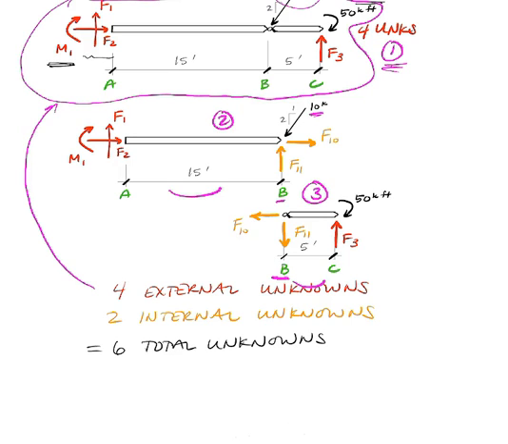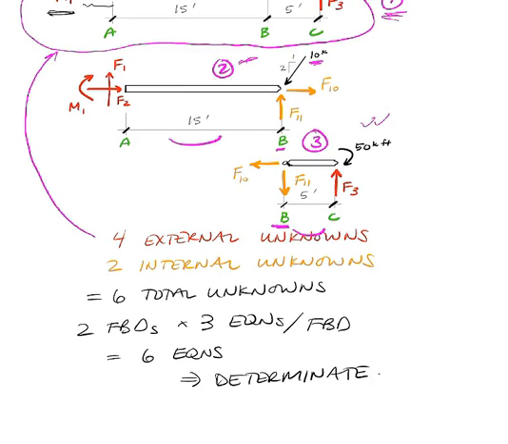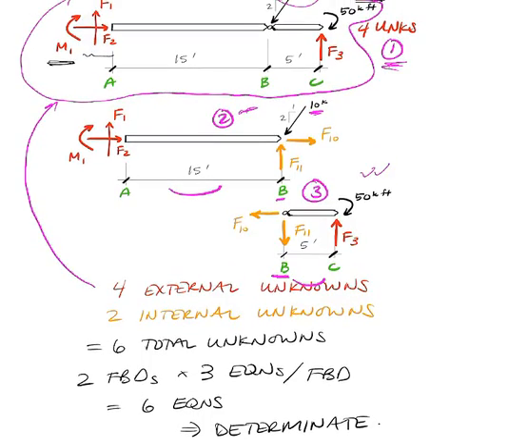If I had diagram 1 and diagram 2, I could create diagram 3 from the information that sits in 1 and 2. So these are not 3 independent, linearly independent diagrams. So I actually only have 2 linearly independent free body diagrams, each having 3 linearly independent equations of equilibrium. So this is a determinate beam, so statics will be enough for us here.